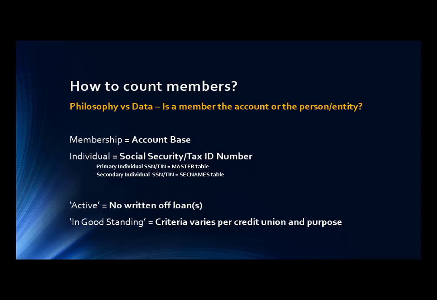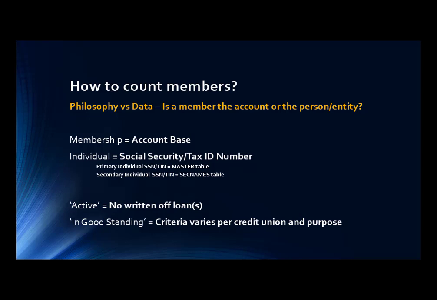In order for you to treat it as a closed member, you would have had to do some creative things to suppress statements and a few other things to actually set up the account so that nothing is happening with it. So that's getting down to a new level of complexity, but at a basic level, in the core anyway, you're going to see an active member defined as any member that doesn't have a written off loan.